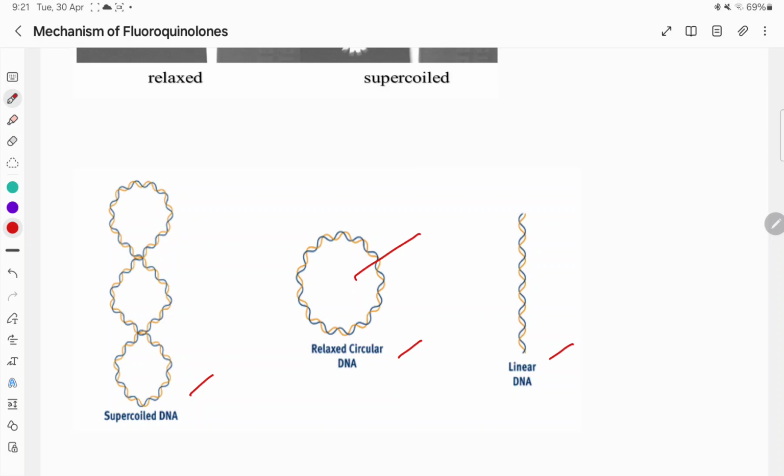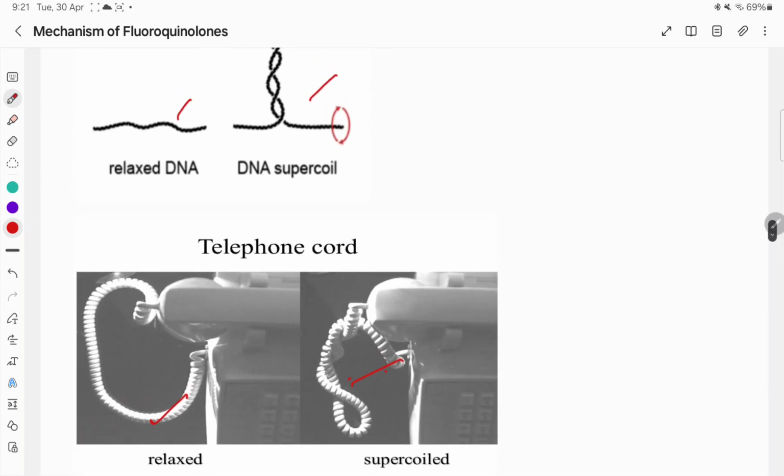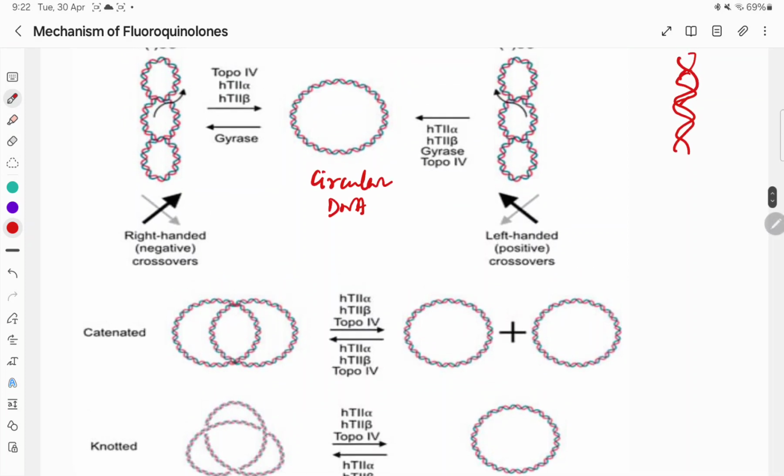So this circular DNA is coiled, and that causes the supercoiled DNA. And this supercoiled DNA is converted to the relaxed circular DNA by means of DNA gyrase.